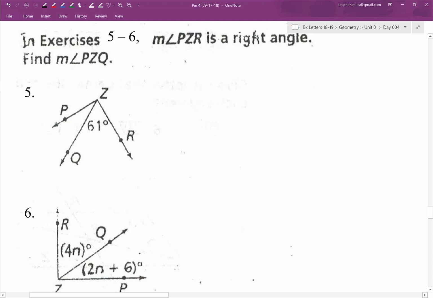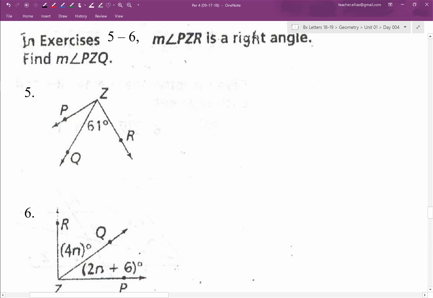So the idea here is that I want an equation. You have an expression. So what do we know about right angles? They're equal to 90. So this plus this. You're skipping a step because you see it, but other people may not see that.